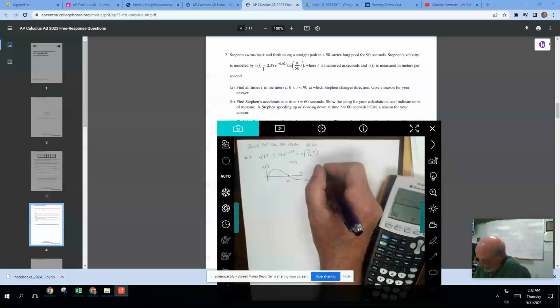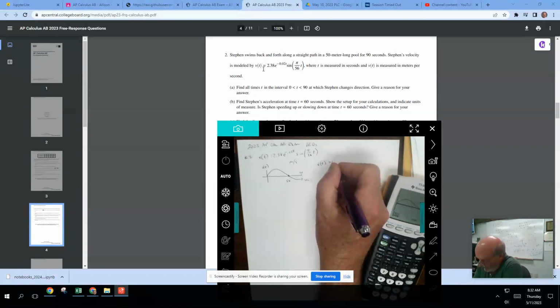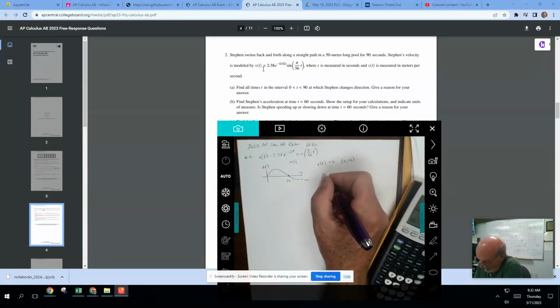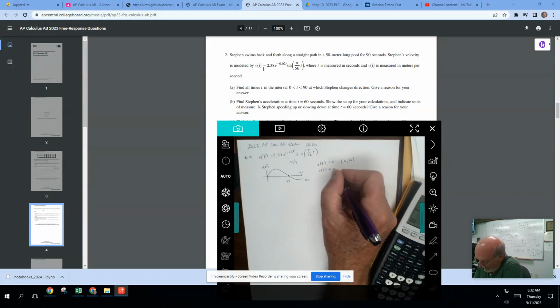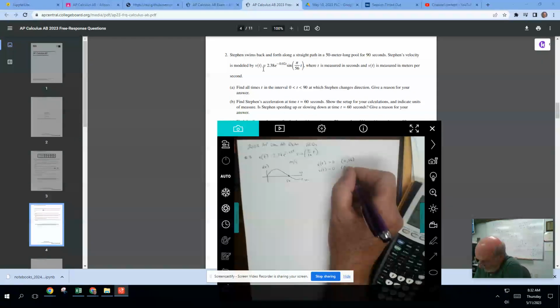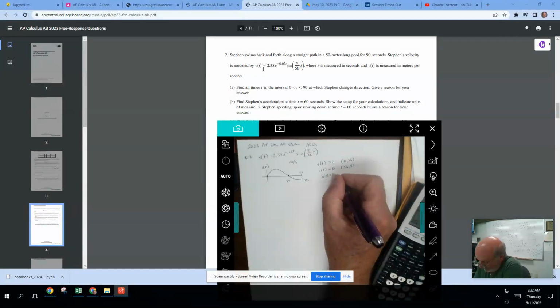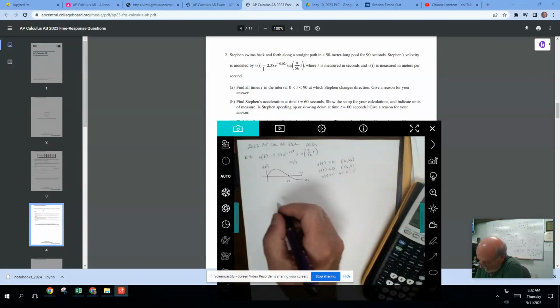Okay, and so that means that the velocity v of t is greater than 0 from 0 to 56, and v of t is less than 0 from 56 to 90, and v of t equals 0 at t equals 56.